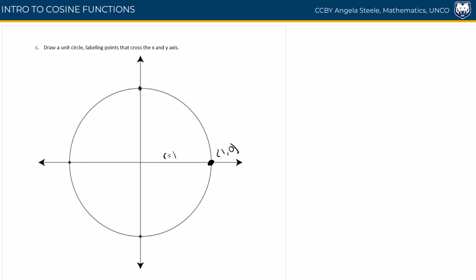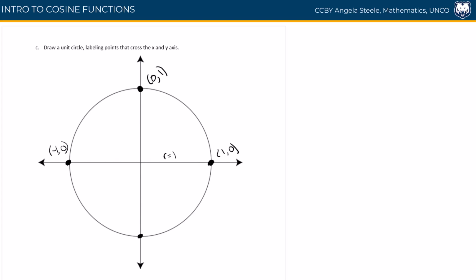Let's go to our 12 o'clock position. So this point, the x value is going to be 0, and then the y value is we are 1 unit above. So that would be the point (0, 1). All right, and then if we go to our 9 o'clock position, we are 1 unit to the left, and then 0 units above or below.